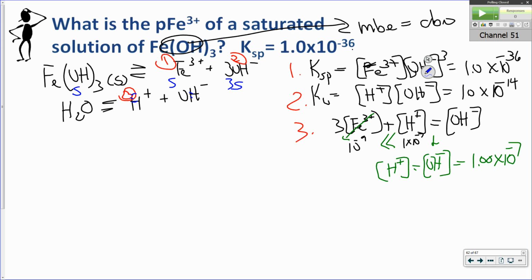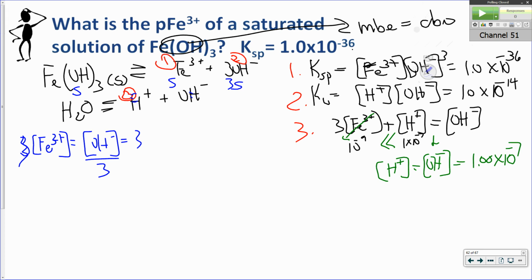So if I look at it, the iron times 3 is equal to the OH minus concentration. Okay, so the OH minus, we just said from our approximation, is equal to, well, I want to know the iron, so that's correct. So I need to divide it by 3.